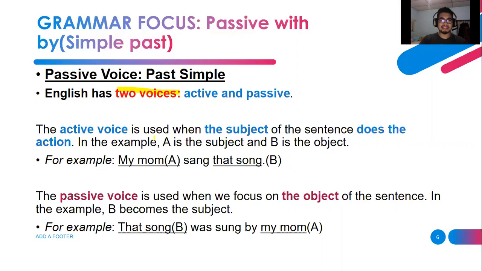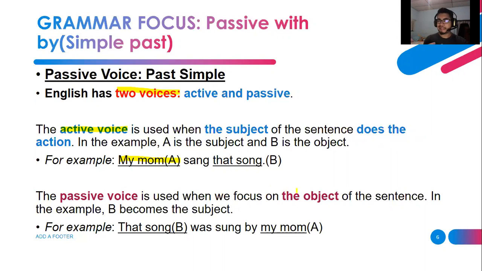When we talk about active voice, as you see over here in the presentation that I'm marking in yellow, it is used when the subject of the sentence does the action. We have an example over here: my mom sang the song. My mom is the subject of this sentence.